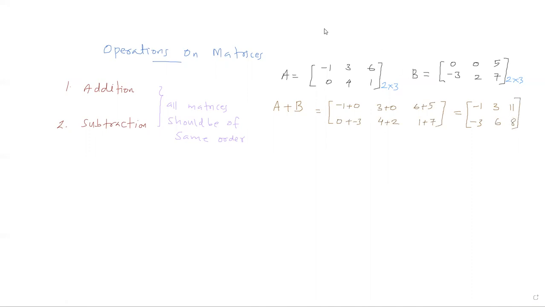So that's all. For adding two matrices, you can see that addition करके जो मिला उसका भी ऑर्डर 2/3 है. Got it?